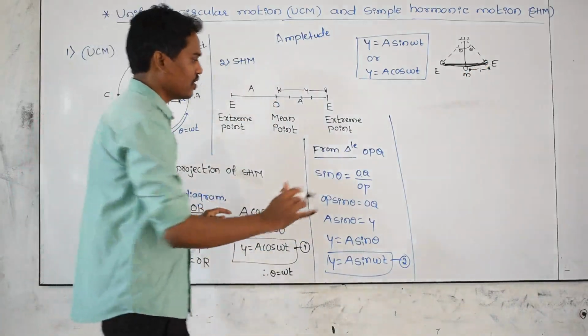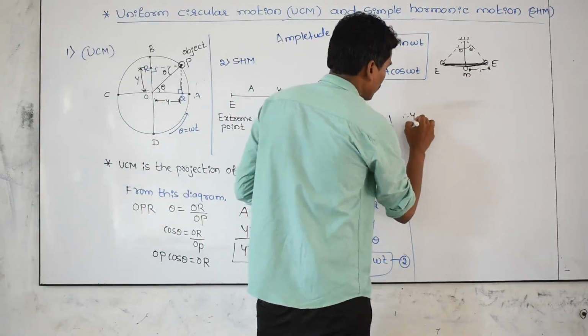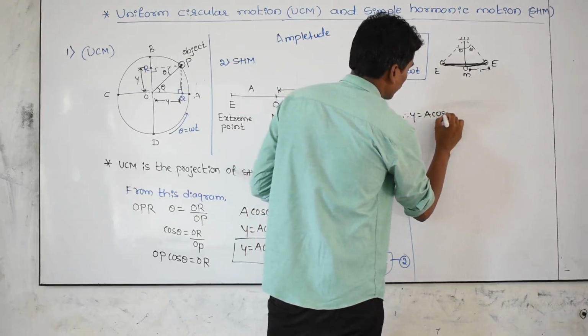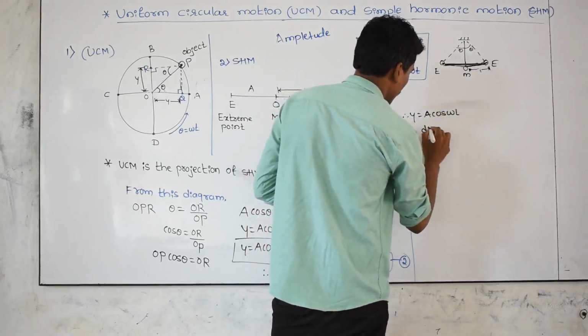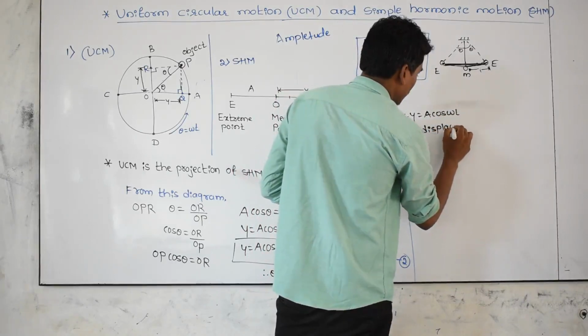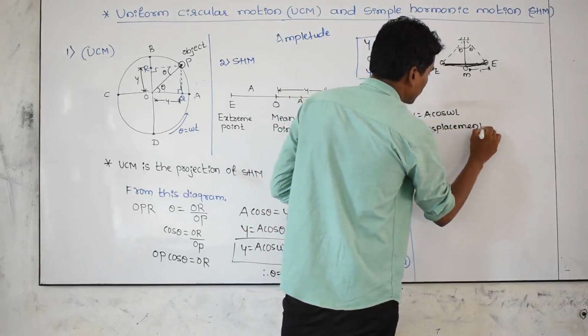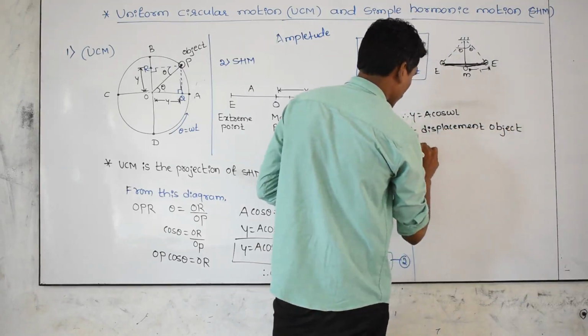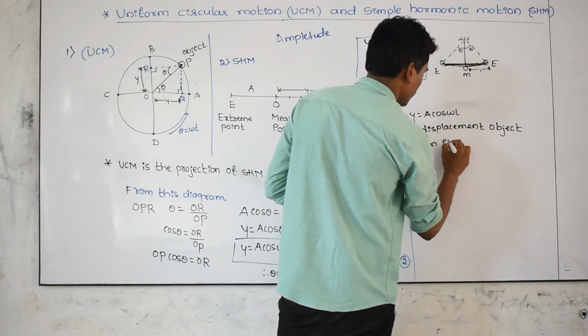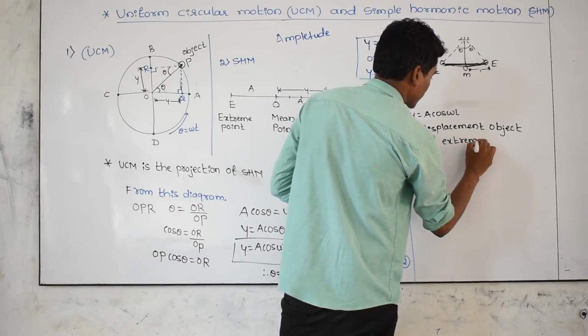And here you can use, therefore, y equal to a cos omega t. It is the displacement of the object from which position? From the extreme position, from the extreme point.